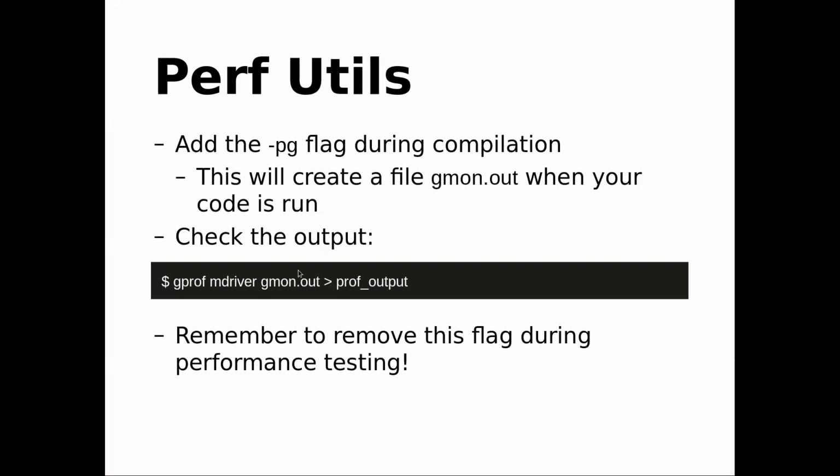It tells you the execution time of the functions that take the longest to run. If you look at that, you should be able to see where your code is being inefficient. So remember to use this tool to evaluate performance, but when you're ready to submit, remember to remove this flag.